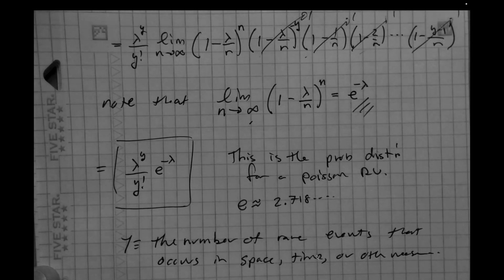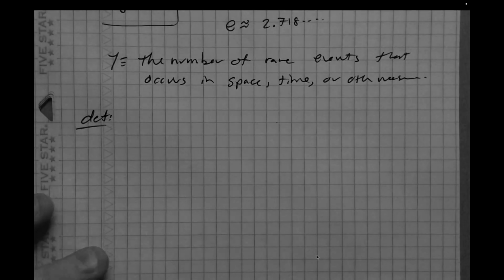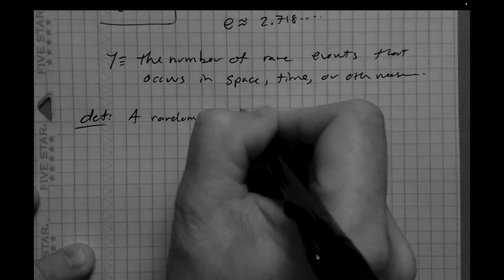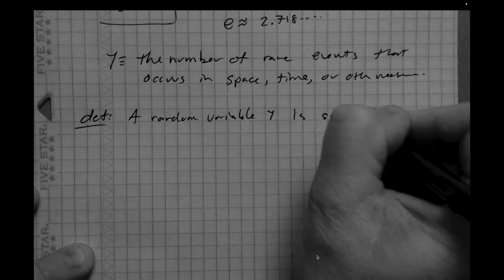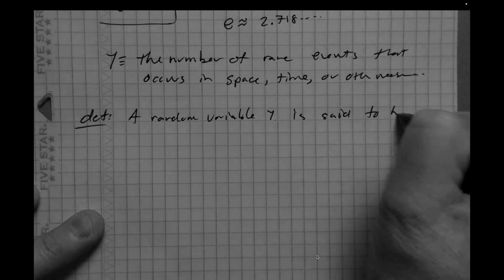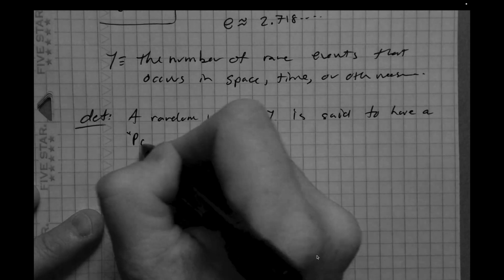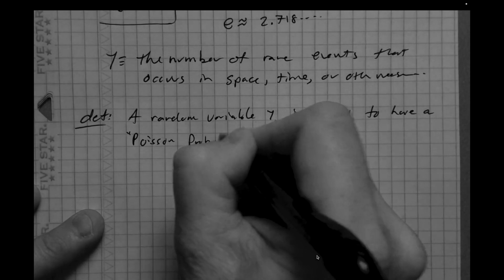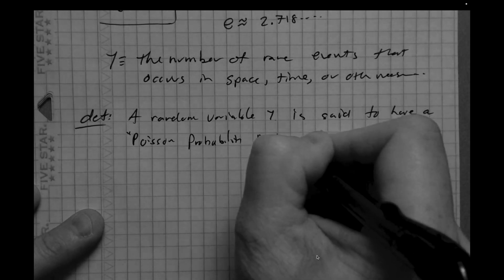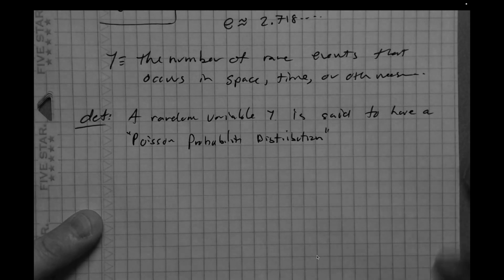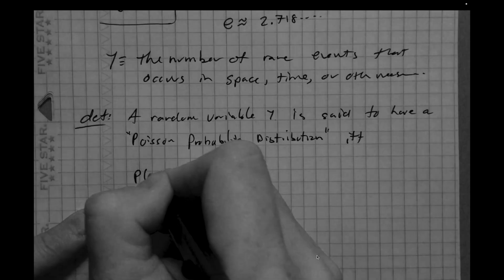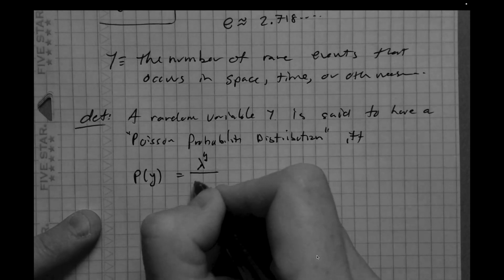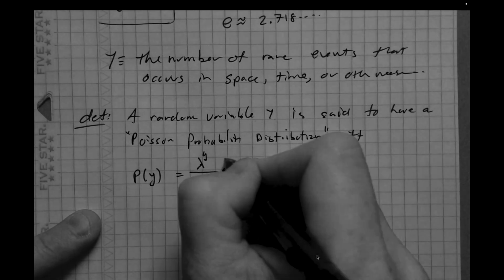So formally, let's define it here. A random variable y is said to have a Poisson probability distribution if and only if the probability of y is equal to lambda to the y power divided by y factorial times e to the negative lambda.